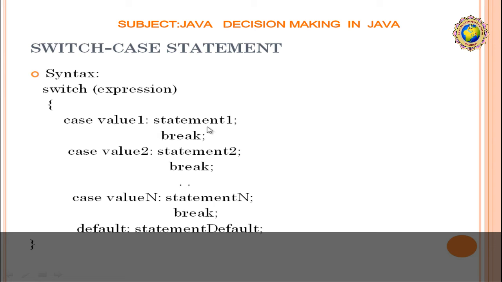If the condition is not true, then we go to the next case. So that's why we have to use break, right? If none of the cases are fulfilled, then the default statement will be executed. So this is the syntax of the switch case statement.